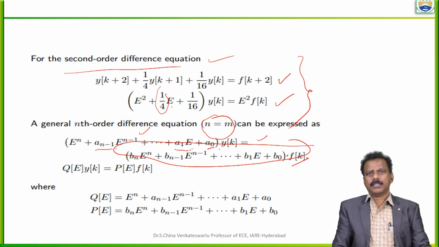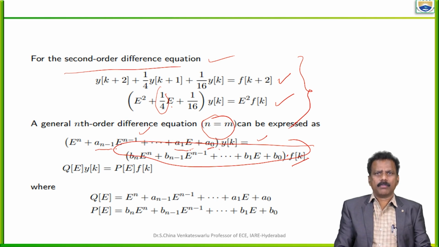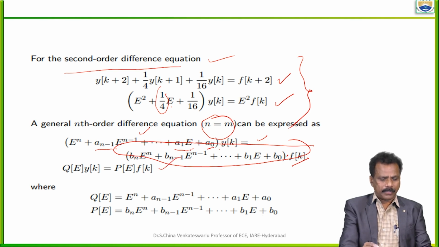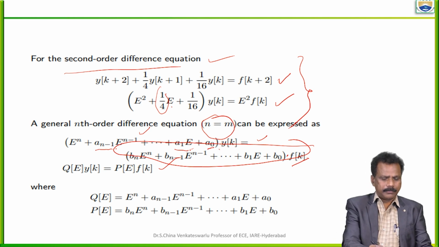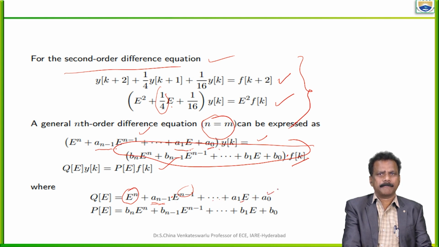That means Q of E into y of k is equal to P of E into f of k, where Q of E is equal to E^n plus a(n-1) into E^(n-1) plus so on plus a1 E plus a0.